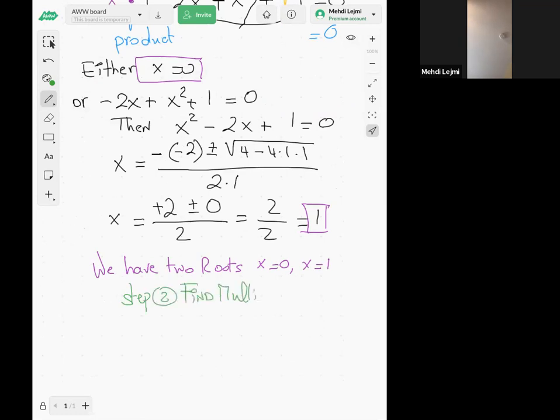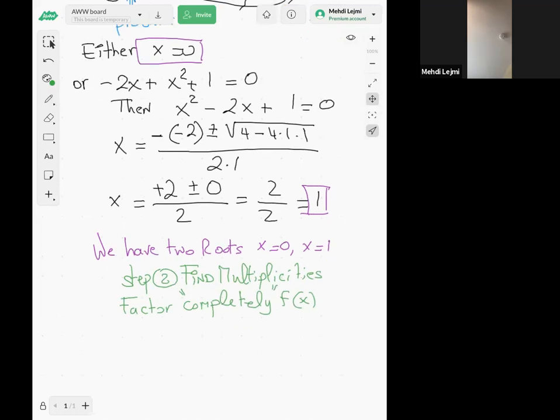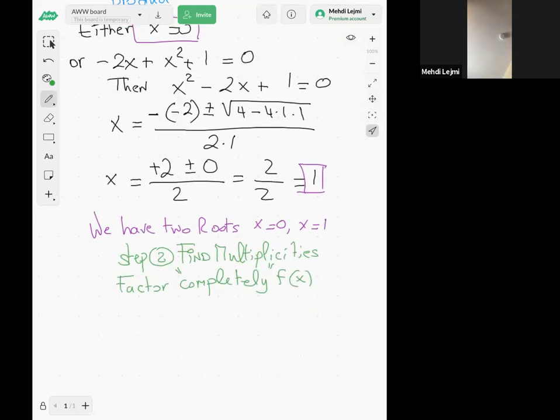And how do we find the multiplicities of the roots? Well, we have to factor f of x completely.